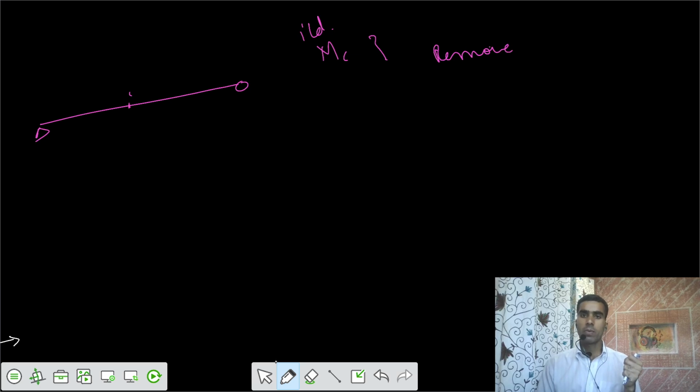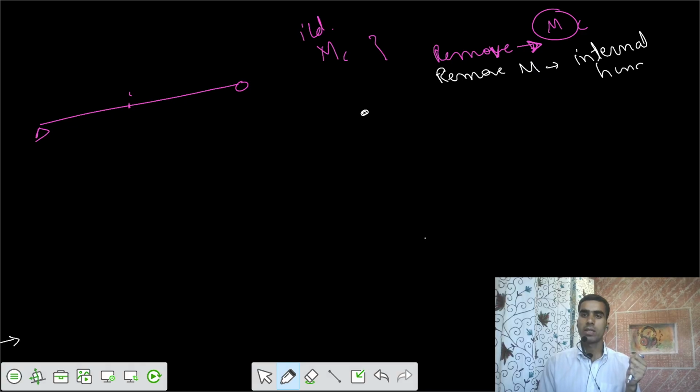If the function is moment, you remove the restraint offered by the moment. How can you remove the moment at any point? That means you introduce an internal hinge here. If you introduce an internal hinge at that point C, it can release that moment.